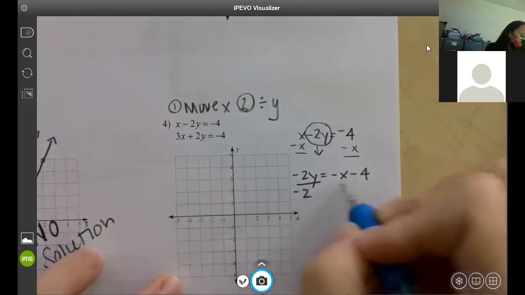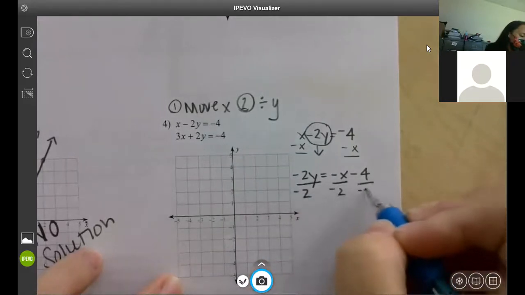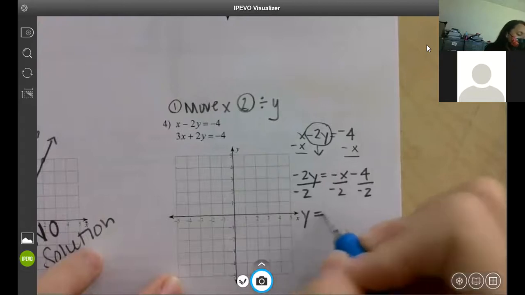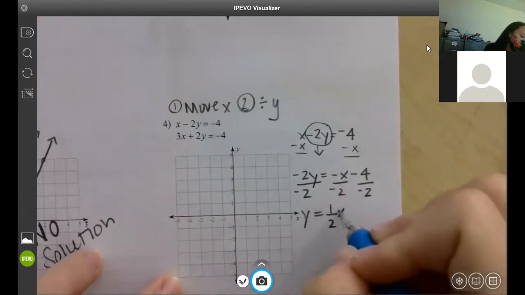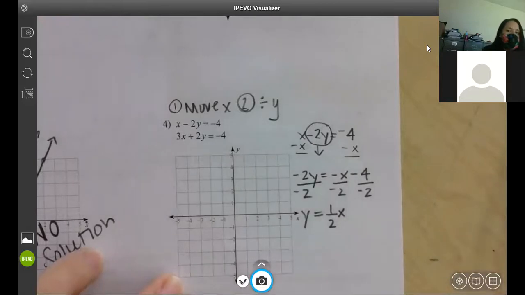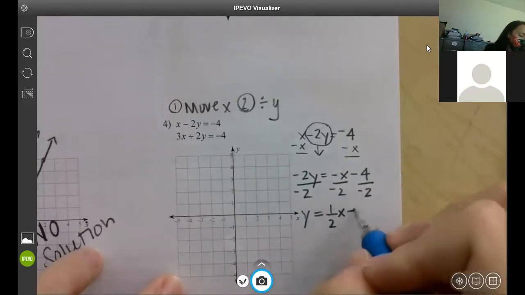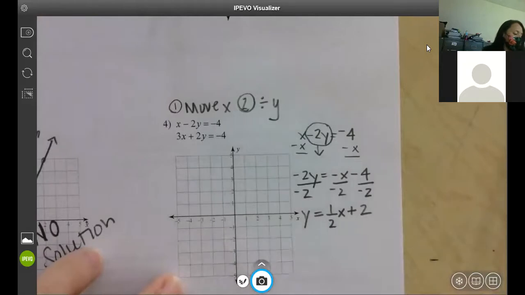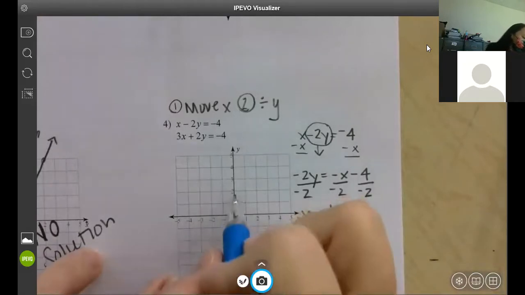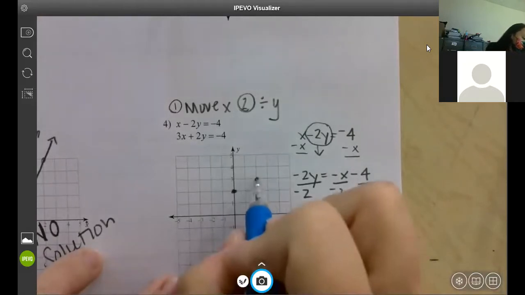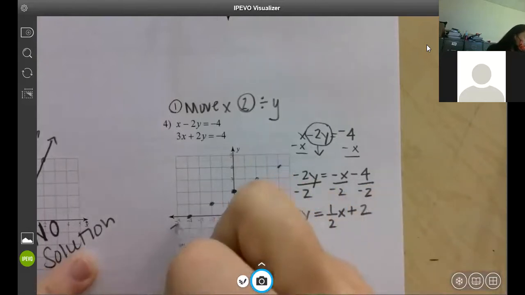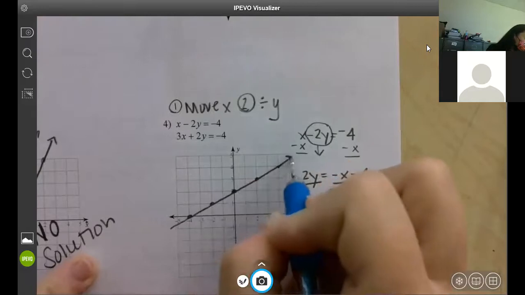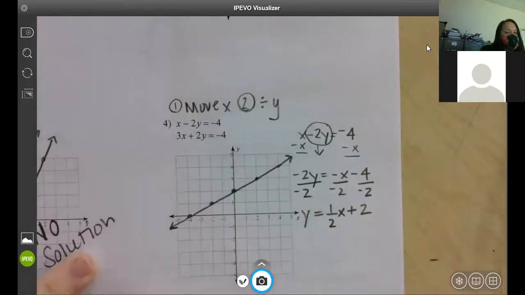Divide everything by -2. Watch your signs. I get y equals negative over negative makes a positive 1/2 x. -4 divided by -2 is positive 2. I start at 2. I go up 1 and over 2. There's my first line.